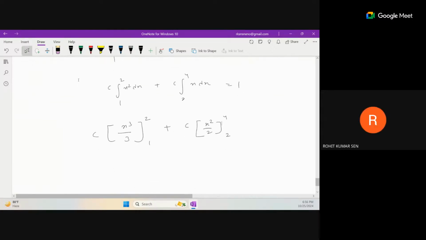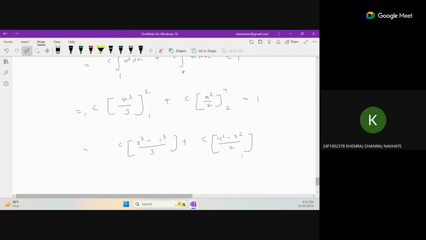So everything is correct till now? Okay. So c into 2 cube minus 1 cube upon 3, plus c into 4 square minus 2 square upon 2, equal to 1. c into 8 minus 1, 7 by 3, plus 4 square is 16, 16 minus 4 is 12, 12 by 2 is 6.